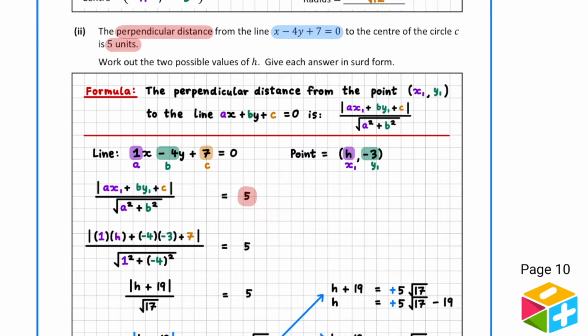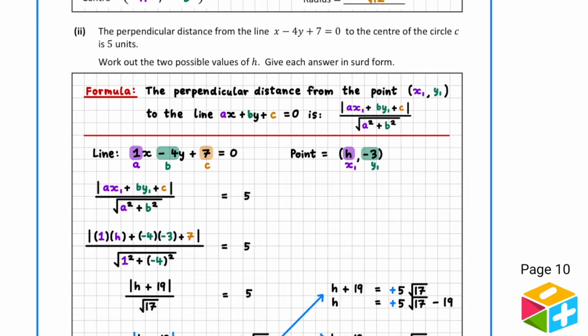The line that we are given can be written as 1x minus 4y plus 7 is equal to 0. The point that we have is the centre of the circle. In the previous part of the question, we found that this was (h, minus 3).